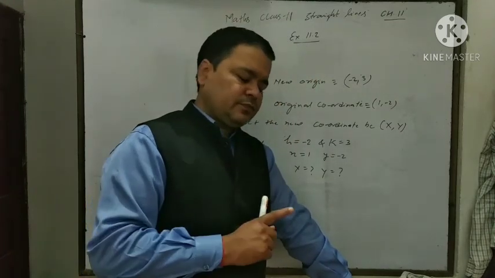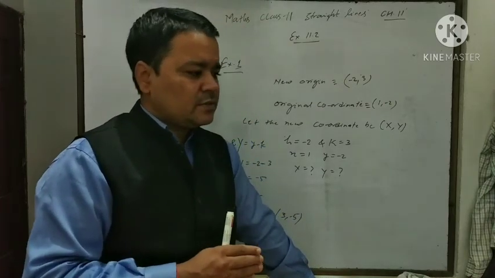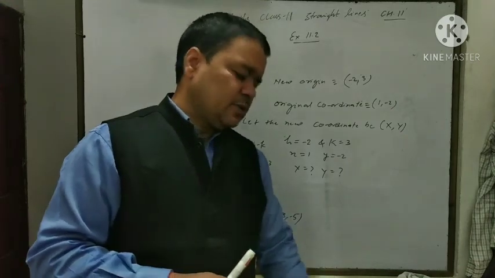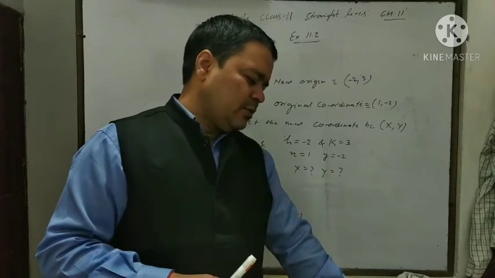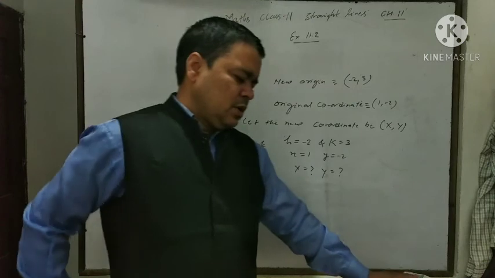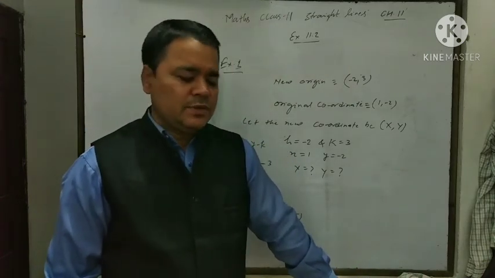The first example was given just like 2x plus y is equal to 4. According to that, question number 2 of exercise 11.2 is given. Try to solve the questions given in exercise 11.2 with the help of the example.